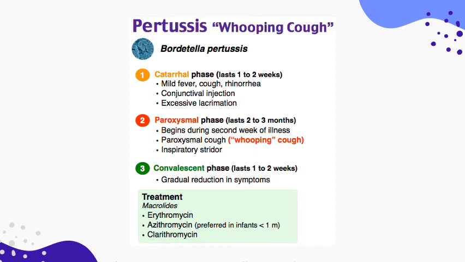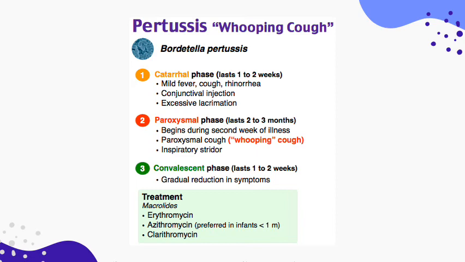Inspiratory stridor may be particularly prominent in this phase, and in children, it becomes very problematic because the nutritional compromise can cause secondary infections at this stage.